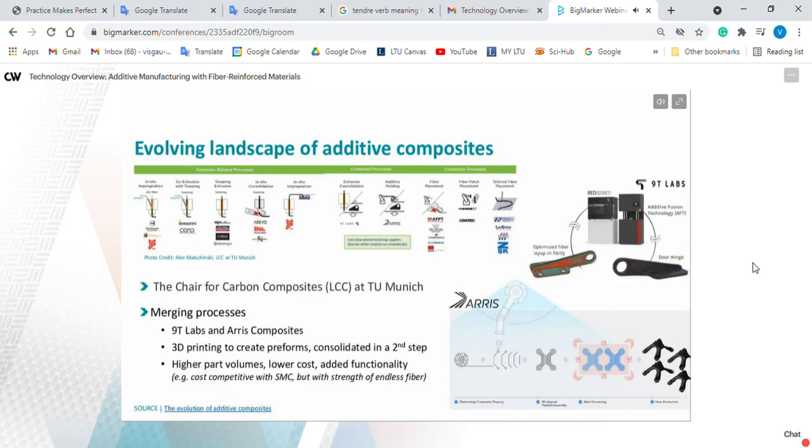Question here, lots of tooling, marine, civil, automotive examples. What's the potential for aerospace structural components? Is it dependent on resin and continuous carbon fibers being used rather than chopped? I think you probably need continuous fibers. I don't know of any additively manufactured composite parts that have been certified for flight on a commercial aircraft.